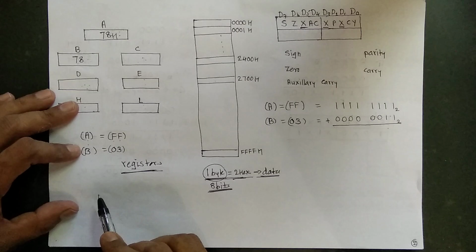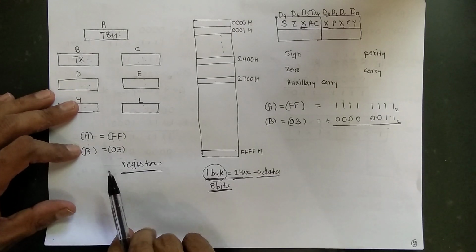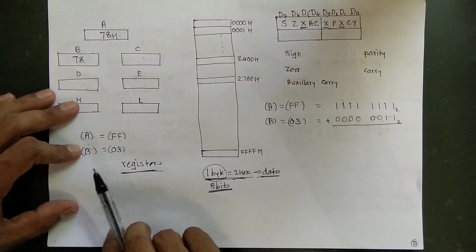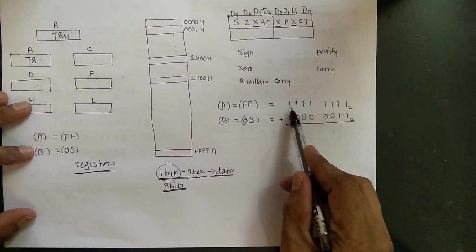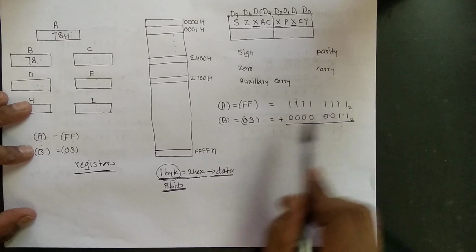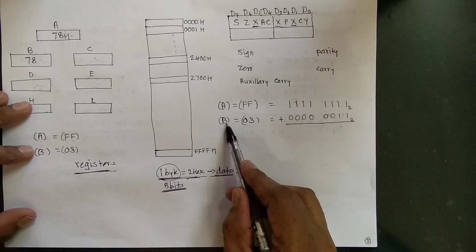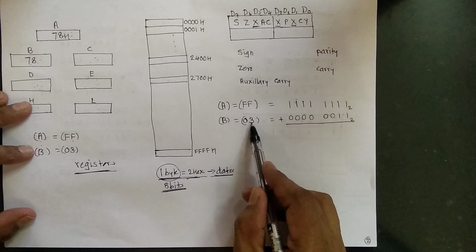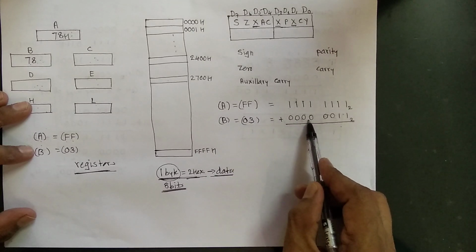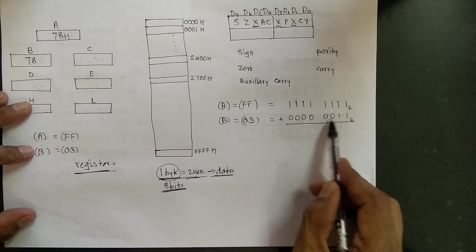FF is represented in binary form as 1111 1111, and B contains data 03, represented in binary form as 0000 0011.